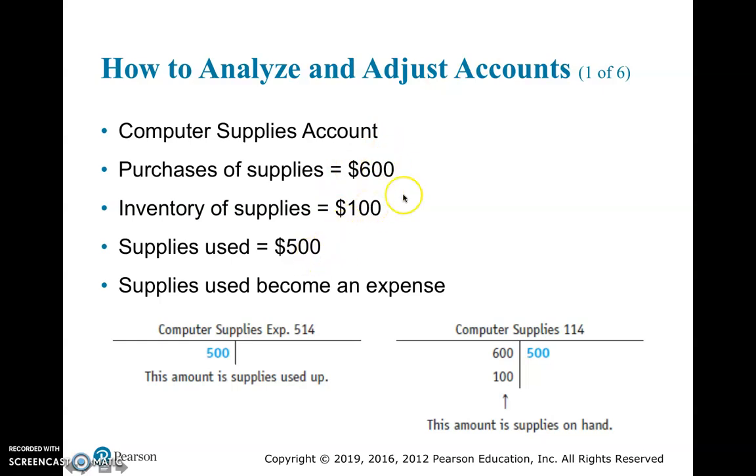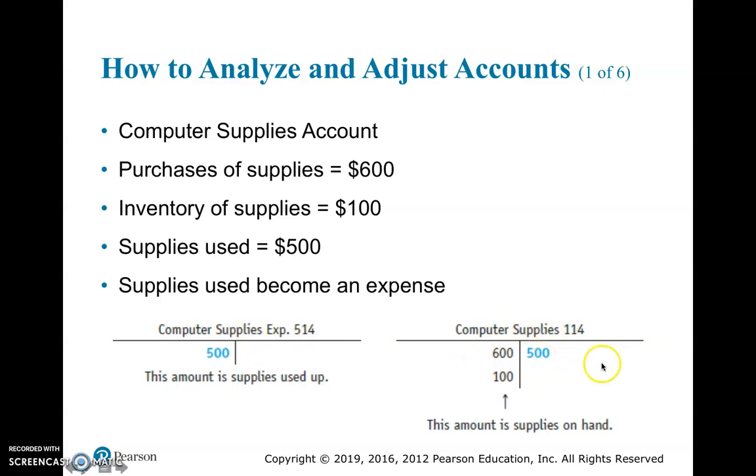Since the day we purchased the supplies, we debited supplies, credited either cash or accounts payable, depending on whether we paid for it right away or we put it on account. Today, we need to adjust the supplies account by showing that we have a supplies expense for $500, and the supplies decreased by $500.